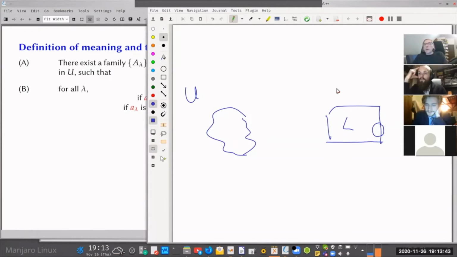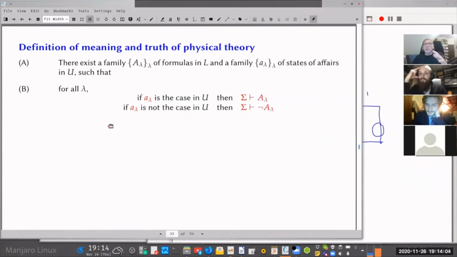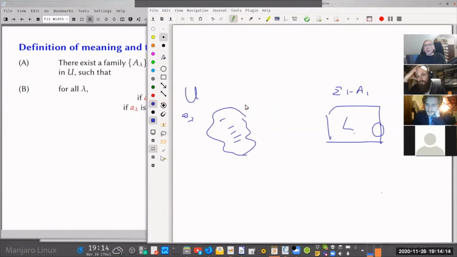So the fact that sigma entails something like this is a fact of the physically existing formal system. Small a lambda is a fact here in this part of the physical reality. And this condition B expresses a certain regularity between the facts of two parts of the world. The facts here and the facts here.